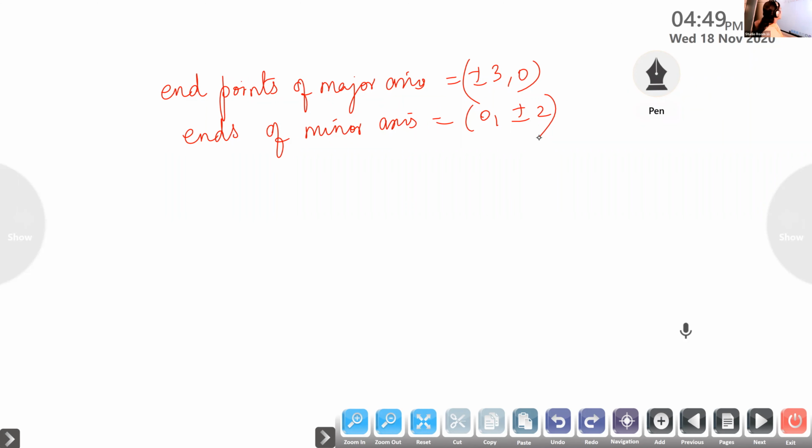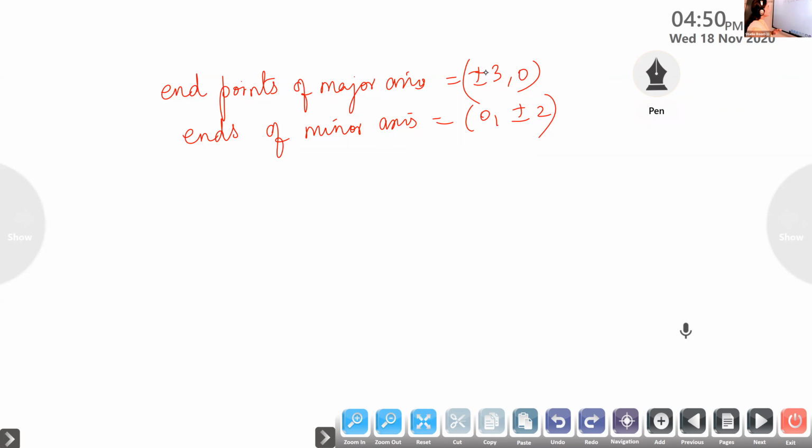End points of the major axis are (plus or minus 3, 0). Minor axis is (0, plus or minus 2). Find the equation of the ellipse. So look at the end points of the major axis.